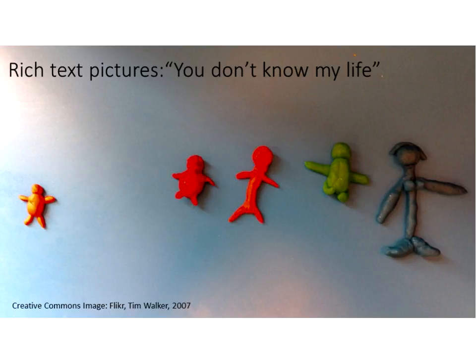So the rich text pictures are an example, I would argue, of ensuring that interaction takes place between diverse cohorts in a meaningful way, but it has to be a safe place, and it can get emotional.